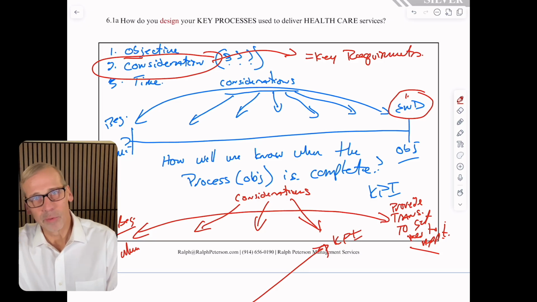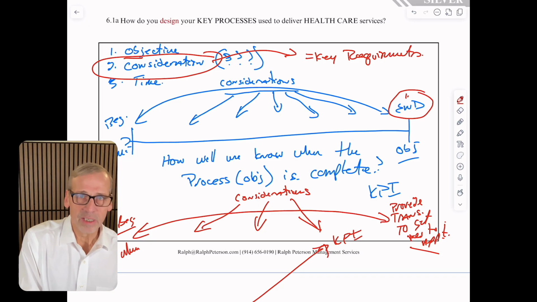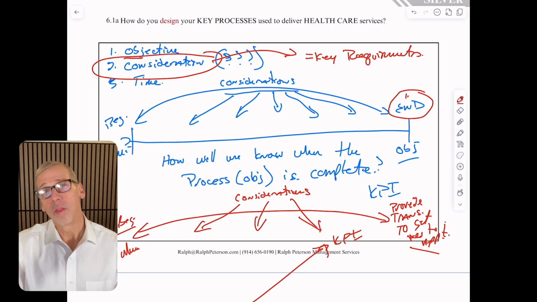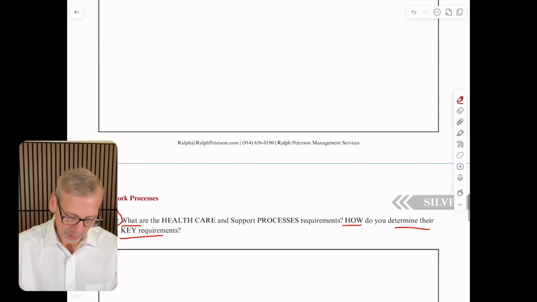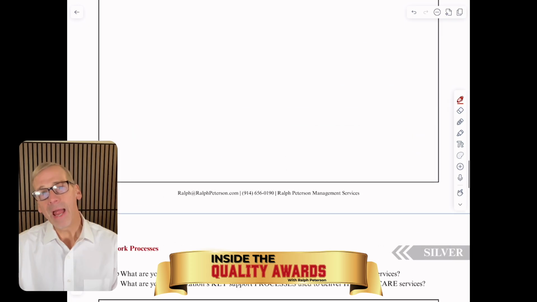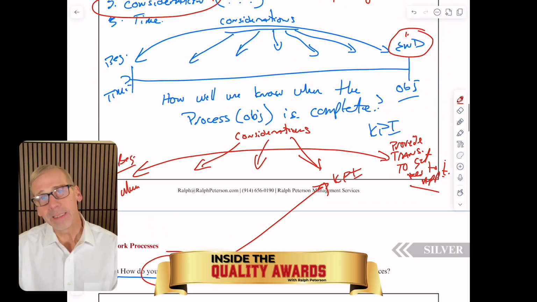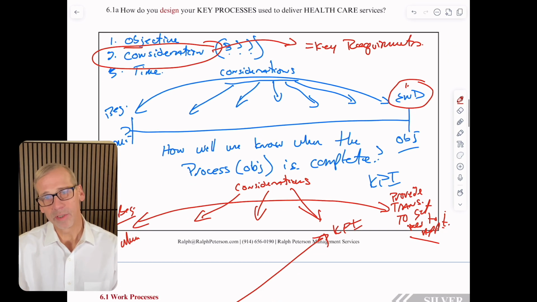Customer, these are the things you would consider, kind of thing. Because the consideration is going to identify the key requirements. So when you get down here to 6.1C, and it says, how do you determine your key requirements? As an examiner, I'm expecting you to talk about your considerations. That's what I'm expecting you to talk about, your considerations. Okay.